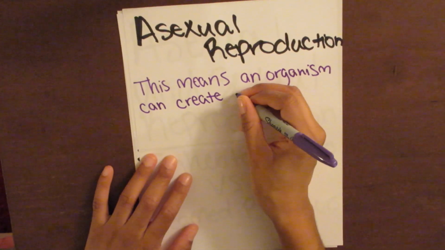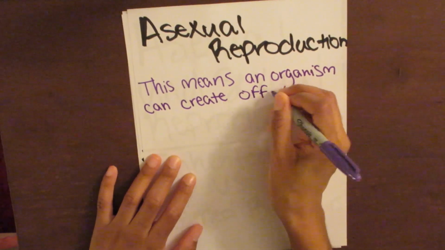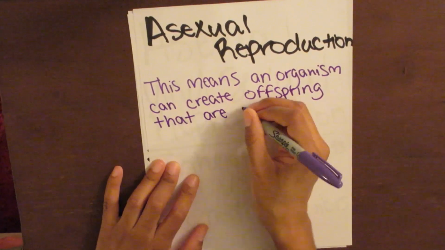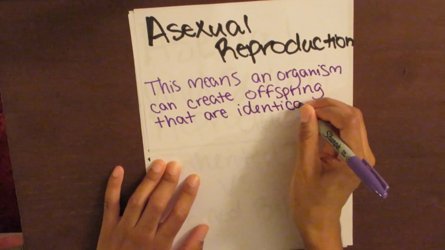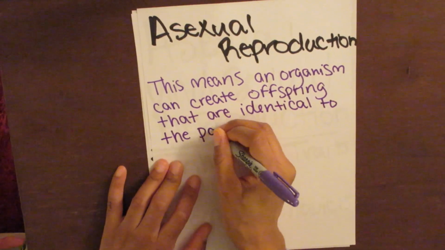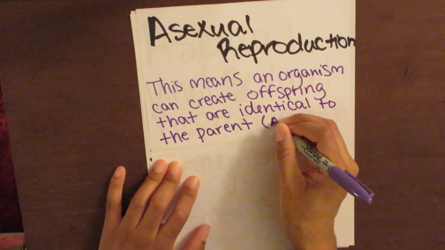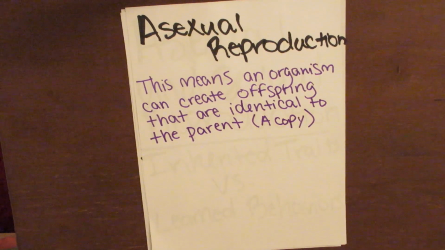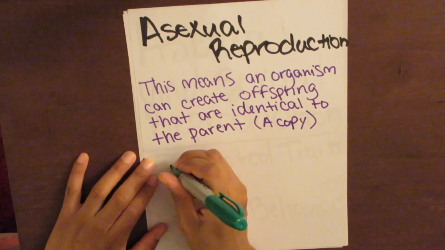So it's pretty much like a copy. It's not pretty much, it is a copy. The single parent reproduces and creates an offspring that's exactly identical. The offspring is identical because there wasn't another parent to create any sort of genetic variation. It only had one set of genetic material to work with, so that's all the offspring gets.